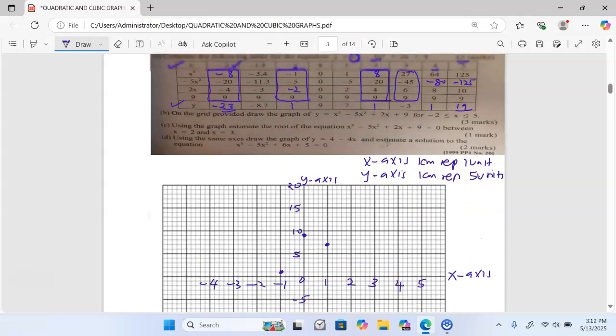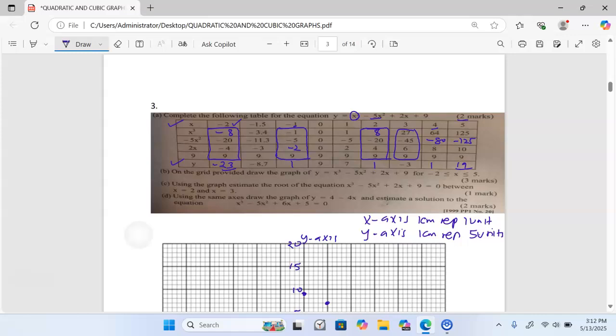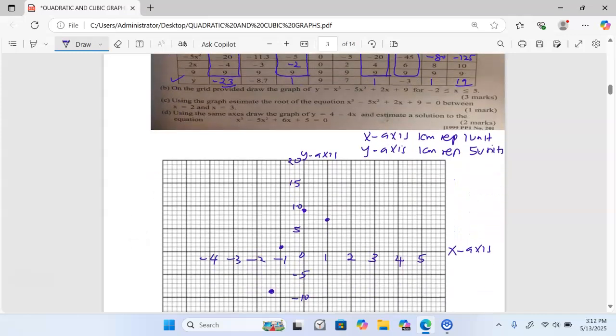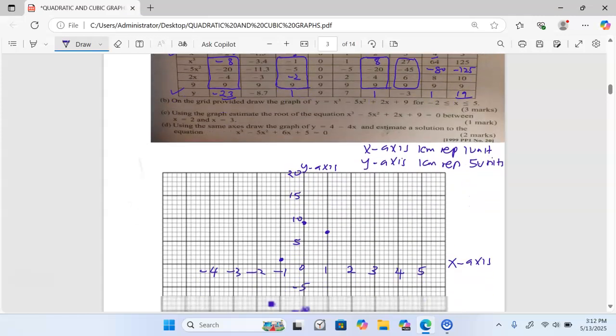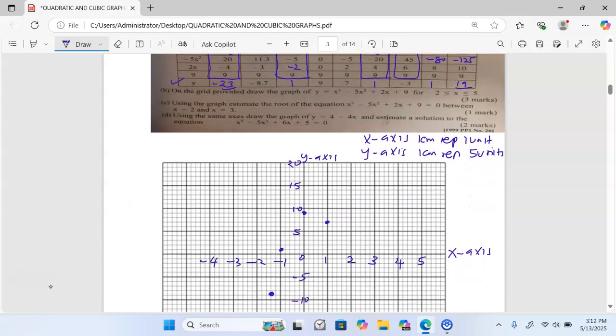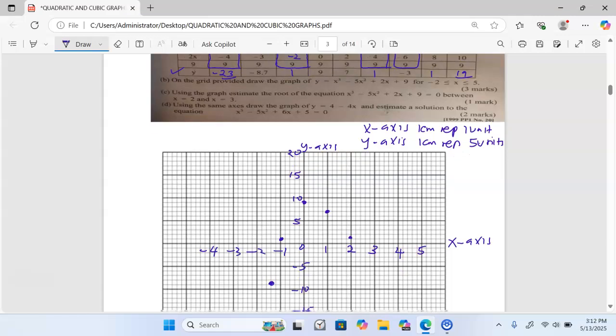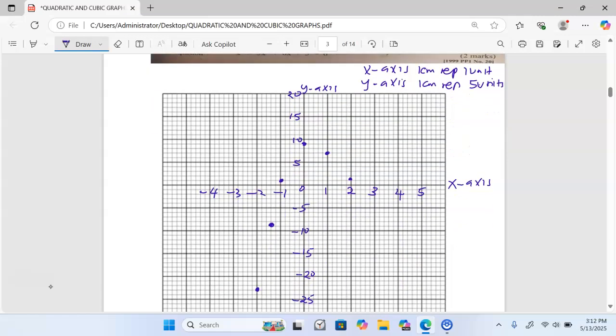When x is +2, y is 1. +2, y is 1 at this point here. And when x is +3, it is -3. +3 is here. -3 is here.